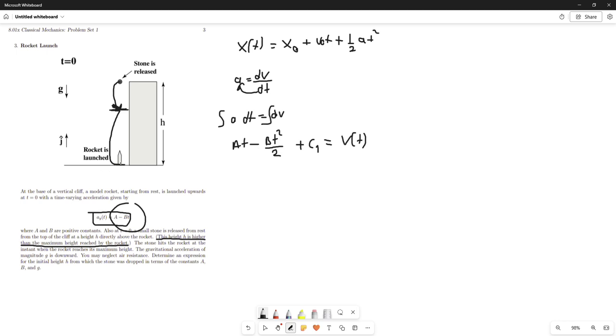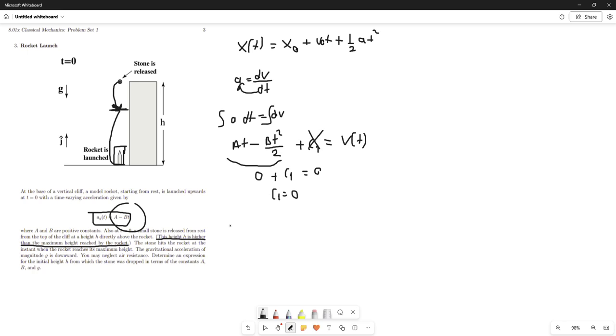How do we know this? When t equals 0, the rocket is at rest. Then v equals 0, so 0 plus the constant c1 equals 0, and c1 equals 0.